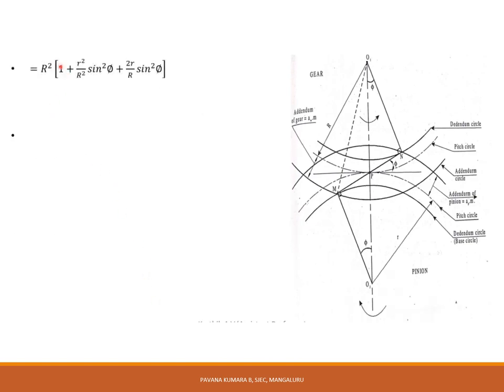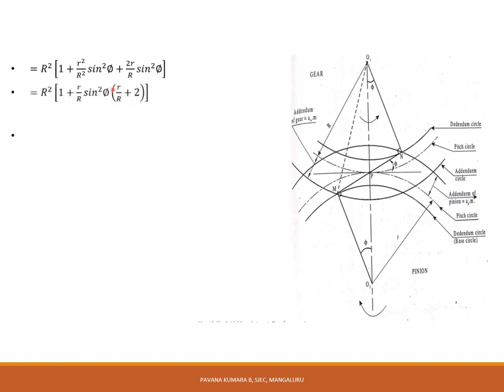Next, take R square common, then you get this expression: R square times, one plus small r square divided by capital R square into sin square phi plus 2 capital R into small r, so that one R gets cancelled. Then the remaining is 2 r divided by capital R into sin square phi.